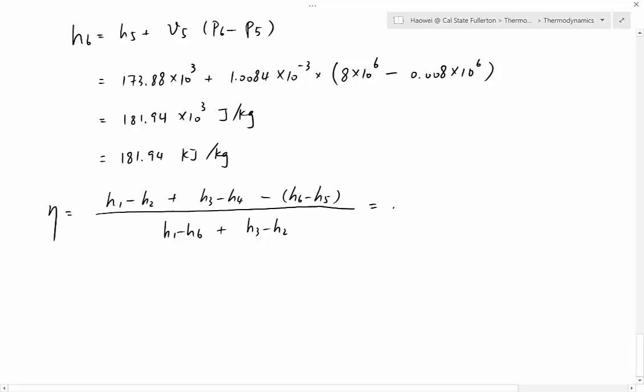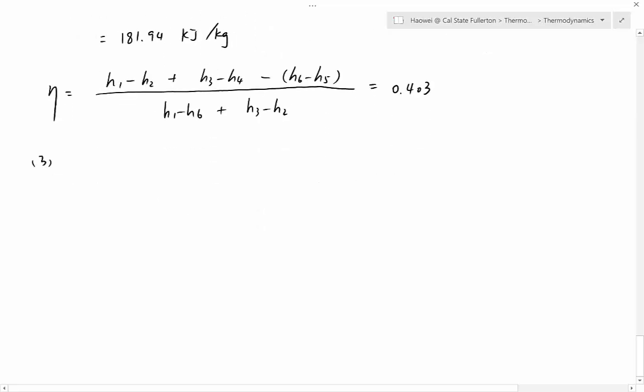So our solution is 0.403. If you recall the efficiency from the previous example, the solution for efficiency was 37%, and now the efficiency has gone up to 40%, all because of the design of reheat. So reheat can actually, yes, increase the efficiency. Okay, so that's part two, looking for efficiency.